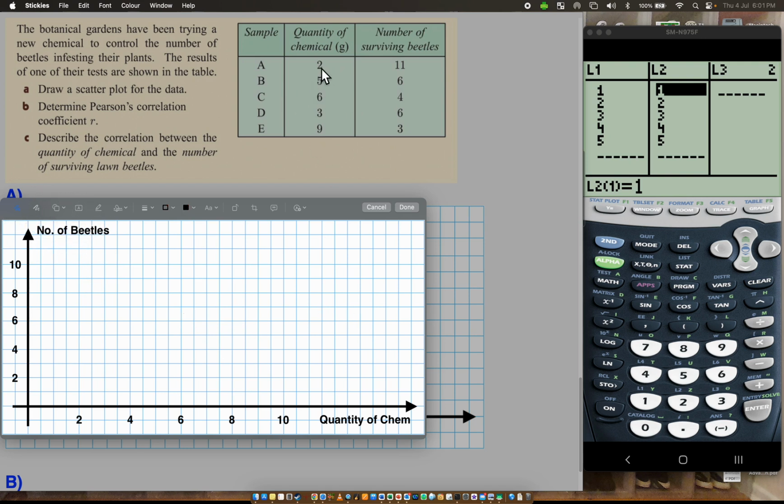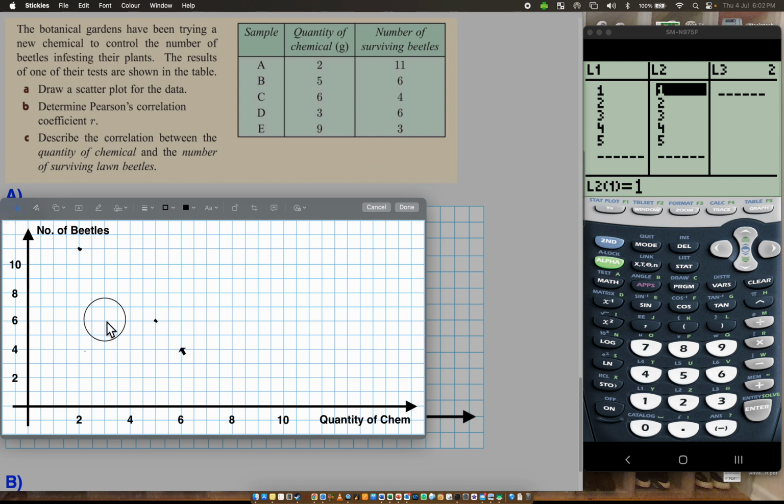Let's draw it. 2 to 11. When there's 2 grams of chemical, we have... Oh, let me draw. 2 to 11, so that's going to be there. 5 to 6. 5 to 6. 6 to 4. 3 to 6.